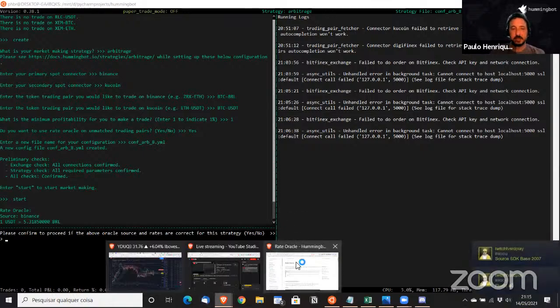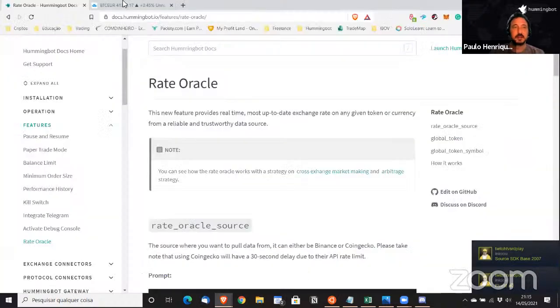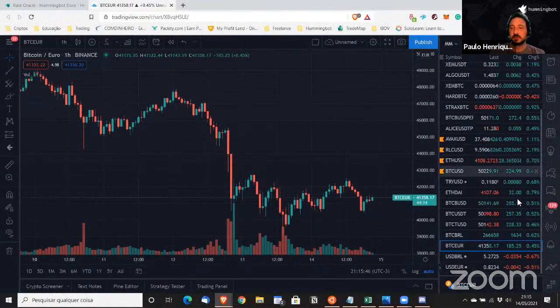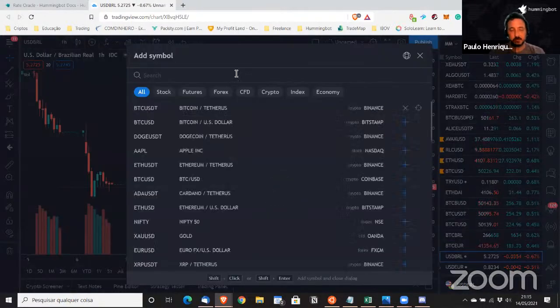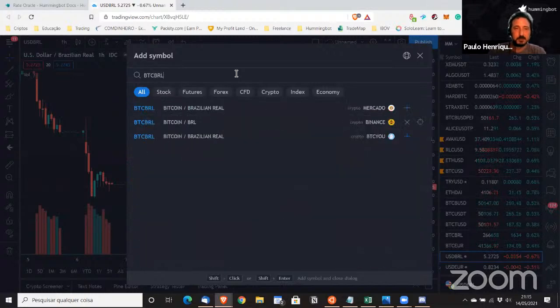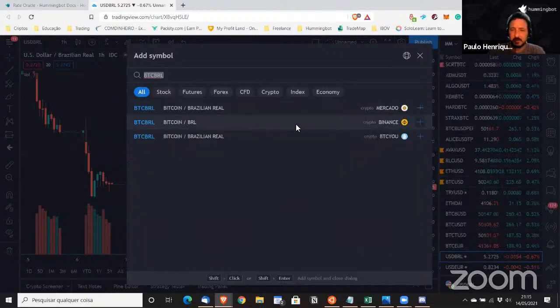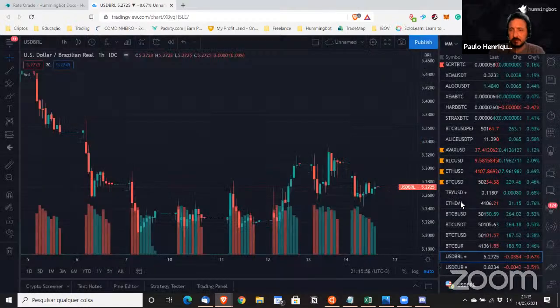Let's just check here. So what is it? It's here, right? All right, yeah. So for example, BTC, there is a small change because it's also here, it isn't Binance, right? So let's see BRL. Let's see if Binance appears here. Okay, yeah, it does. Where is it?